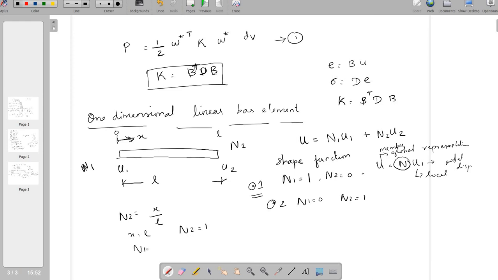Similarly, I am taking N1 equal to 1 minus x by L, because the summation of N1 plus N2 equals 1. This is a thumb rule.